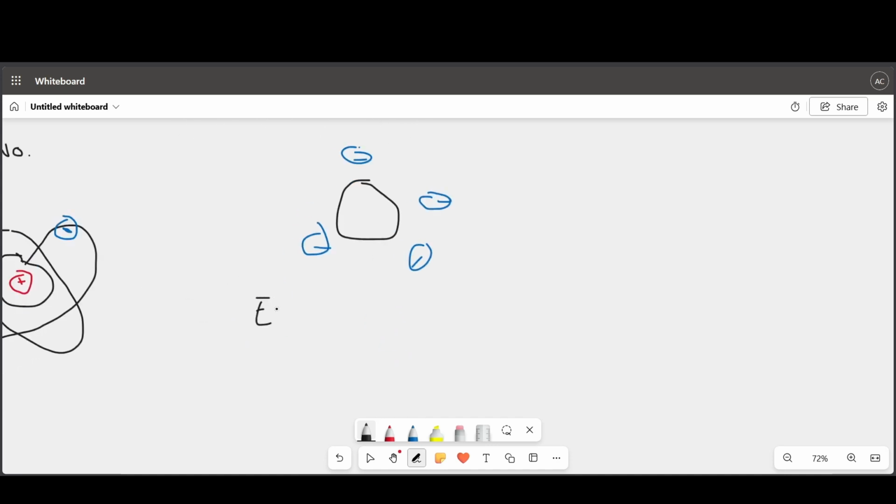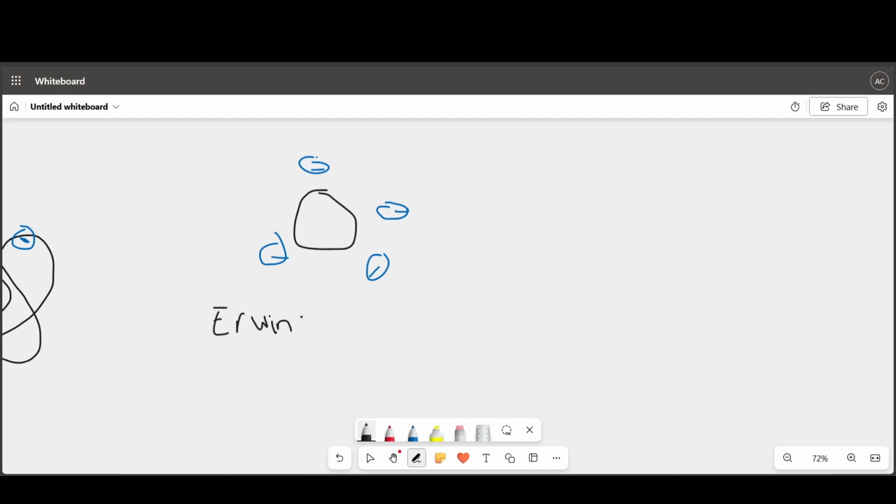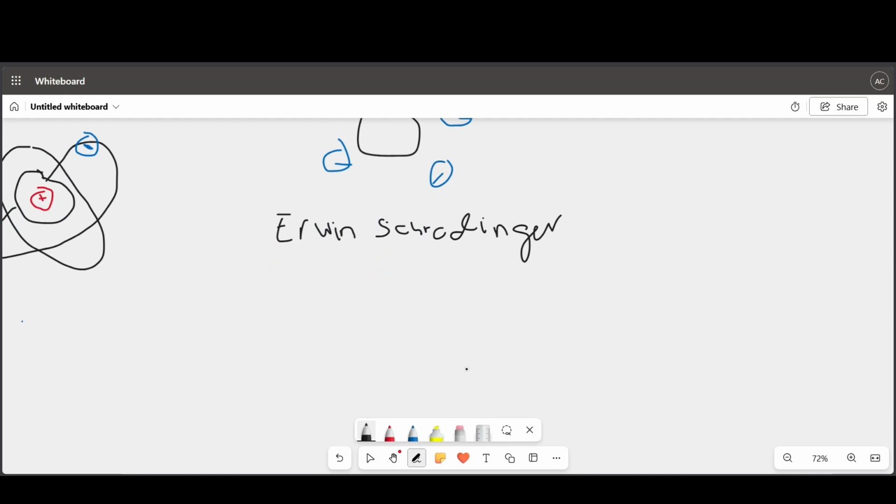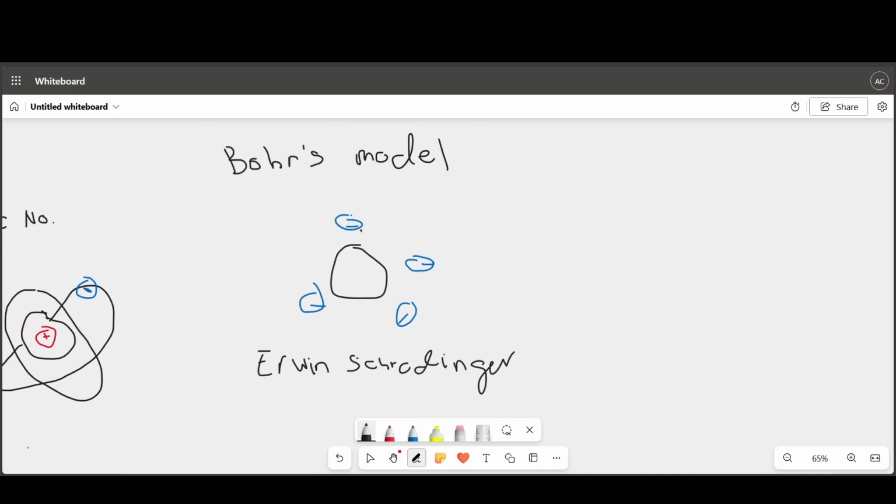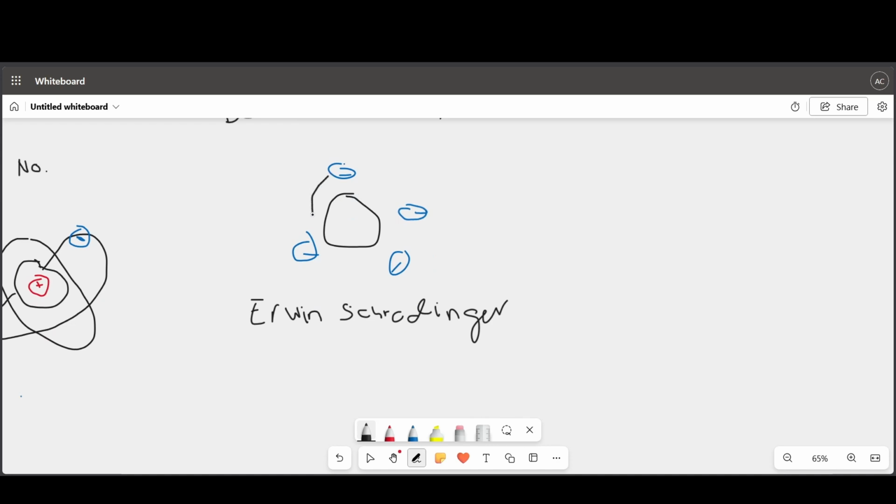You may already know him from his very famous scientific concept, Schrödinger's cat. What he basically said is that these electrons don't actually orbit the nucleus.